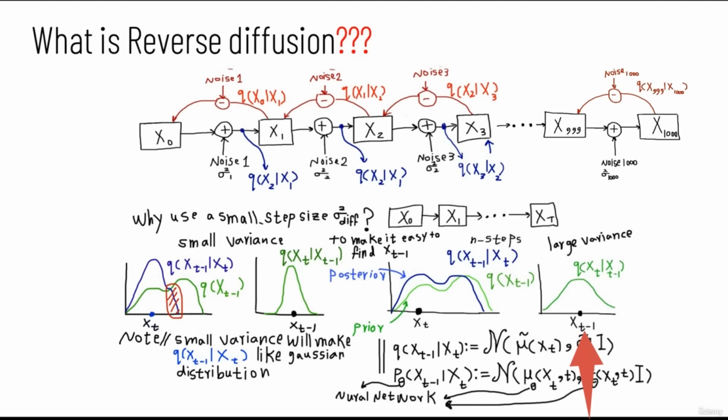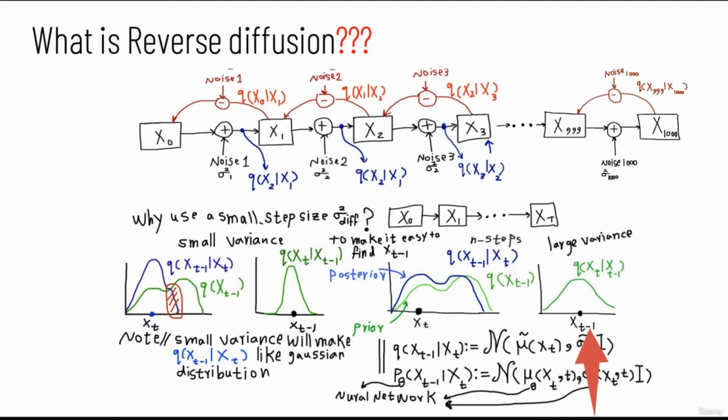We can add a noise with large variance or a noise with small variance. A noise with large variance will remove a large amount of information from xt minus 1. In other words, when we take the value of the xt variable from this distribution, this value will have very small information about the value of the xt minus 1 variable.